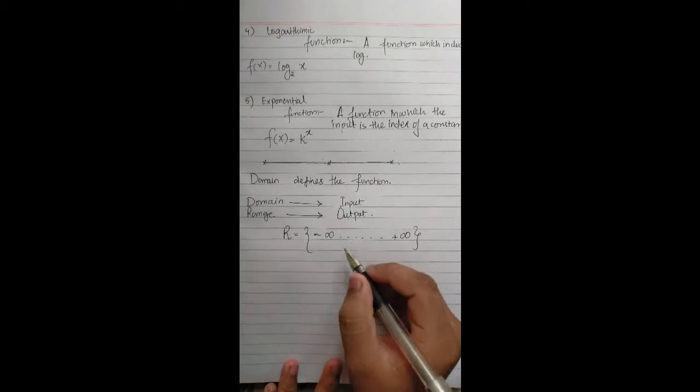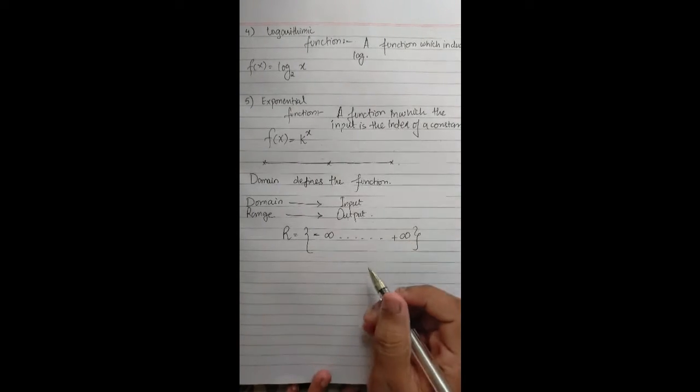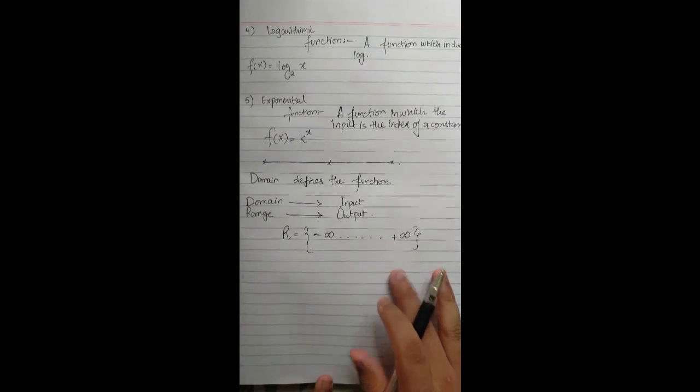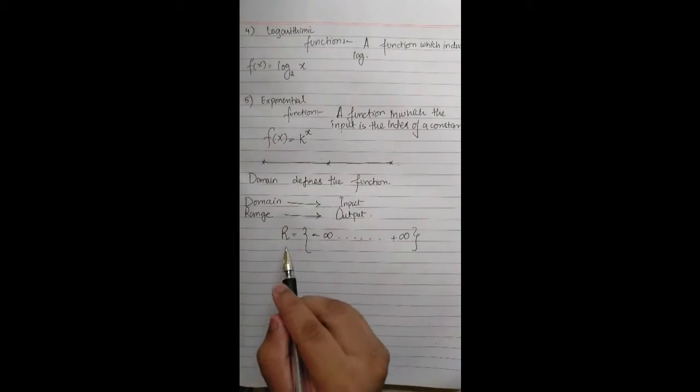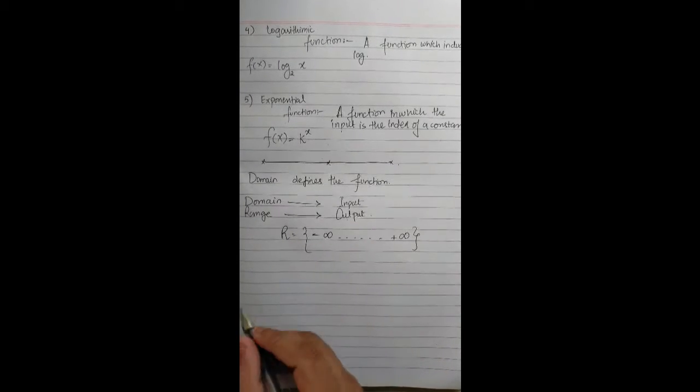These are all the real numbers that lie on the number line. All the decimals and fractions are included in this. This is the representation of real numbers in set notation.